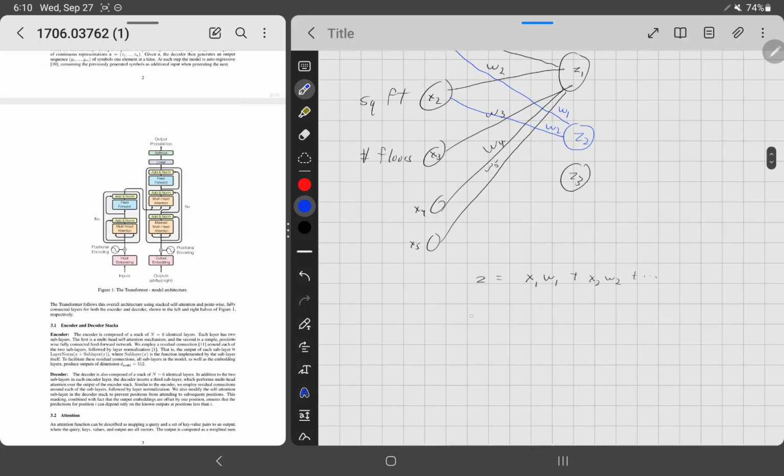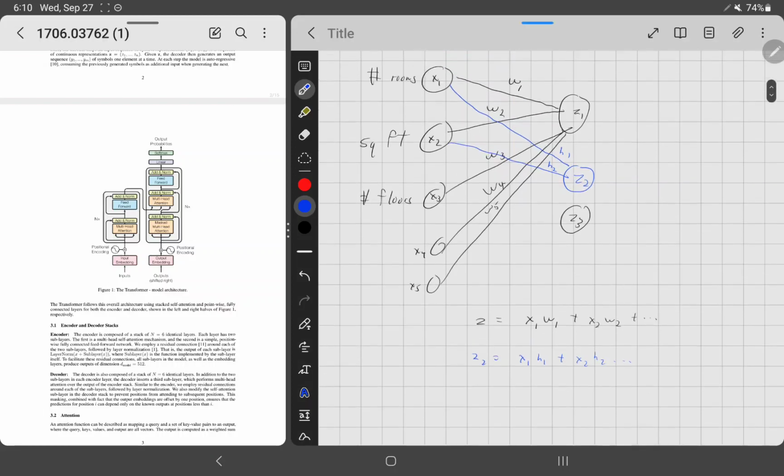Z2 is just another linear combination. Maybe I'll call these H1, H2. So it's just a different set of weights that you add up. This would be X1 H1 plus X2 H2, and so on. So now you have this second feature, which is a different linear combination of all the original features. And you just have a bunch of these.